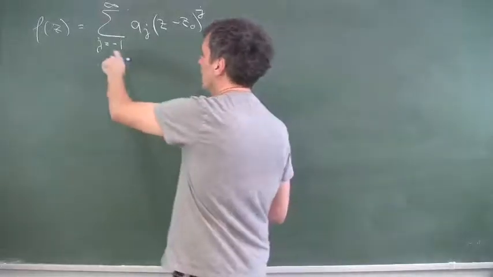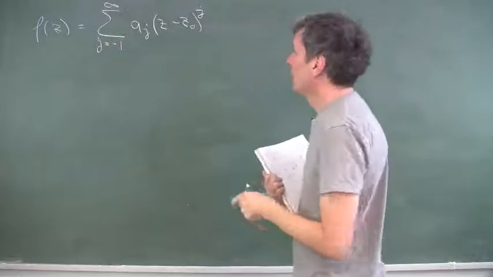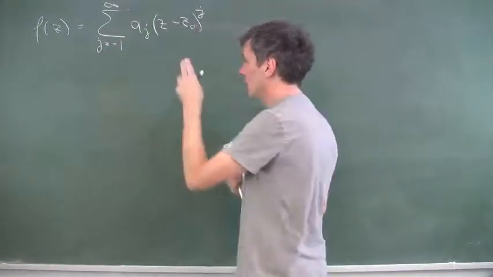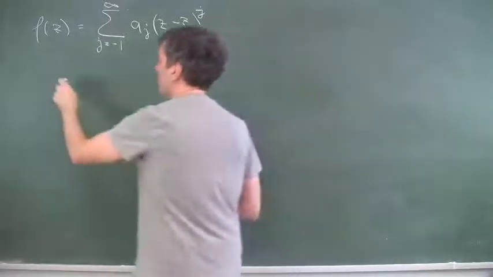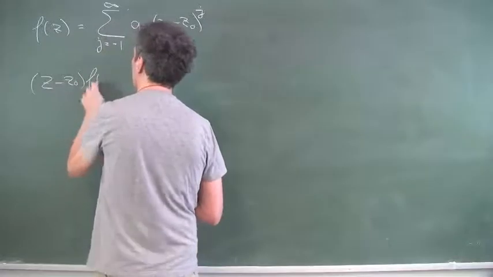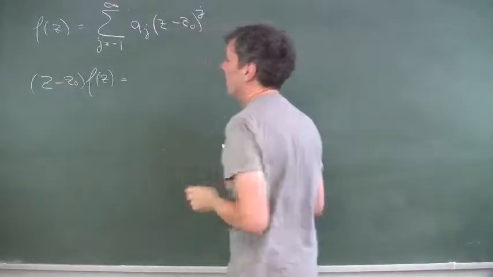Well, the idea is now that all terms here are regular at the point z naught, except the first one here, which gives a simple pole. So if you multiply this function now by z minus z naught, you will get a completely regular function.